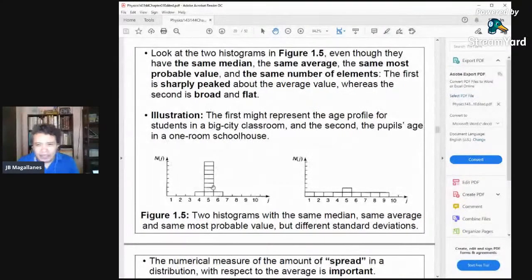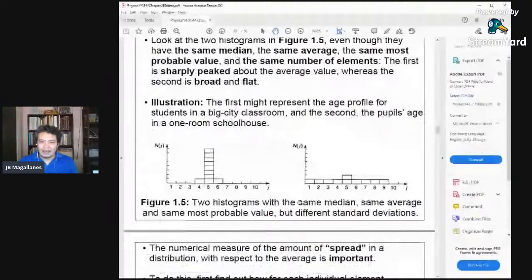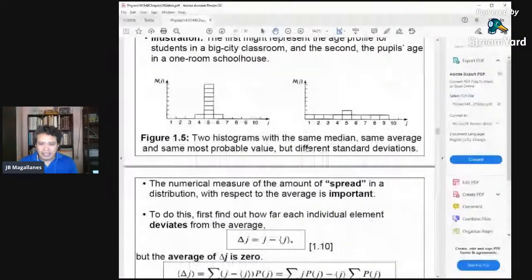The number of elements are the same. The probable value 5 is the same. The average value is the same, and the same median age. So it has the same characteristic, but the spread of the distribution is different. Aside from the average, the spread of the distribution is also important in quantum mechanics.